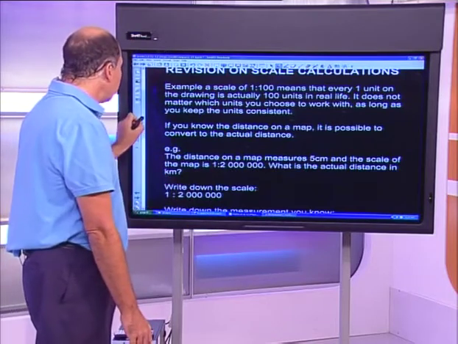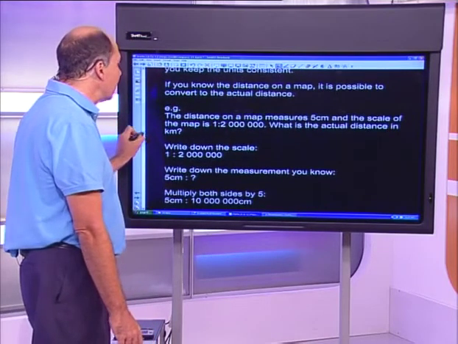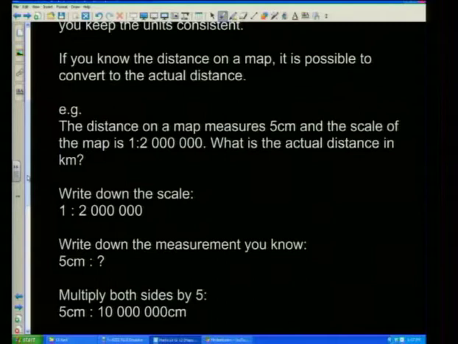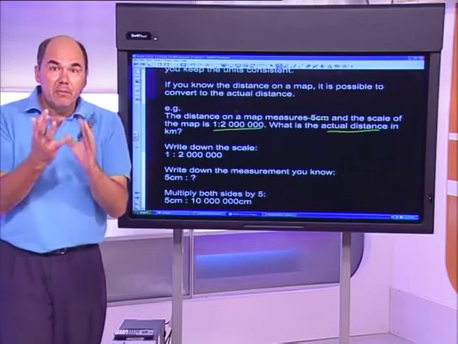So here is a little example, and it gives you some steps of how to do it. On this particular example, it tells us the following. The distance on a map measures 5 centimeters, and the scale of the map is 1 to 2 million. And they ask us, what is the actual distance in kilometers? Very important.